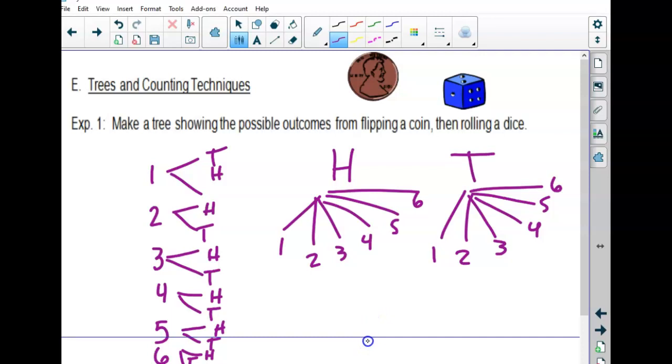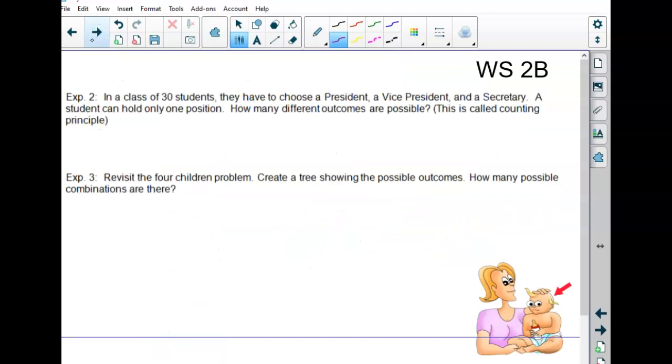Is it a different number of end results? No, it's the same. Okay. There's 12 things out there in the universe because it's either 1, 2, 3, 4, 5, 6 with a head or a tail. All right. I'm not going to ask you to do one of those on the quiz. I don't want to grade it. Okay.